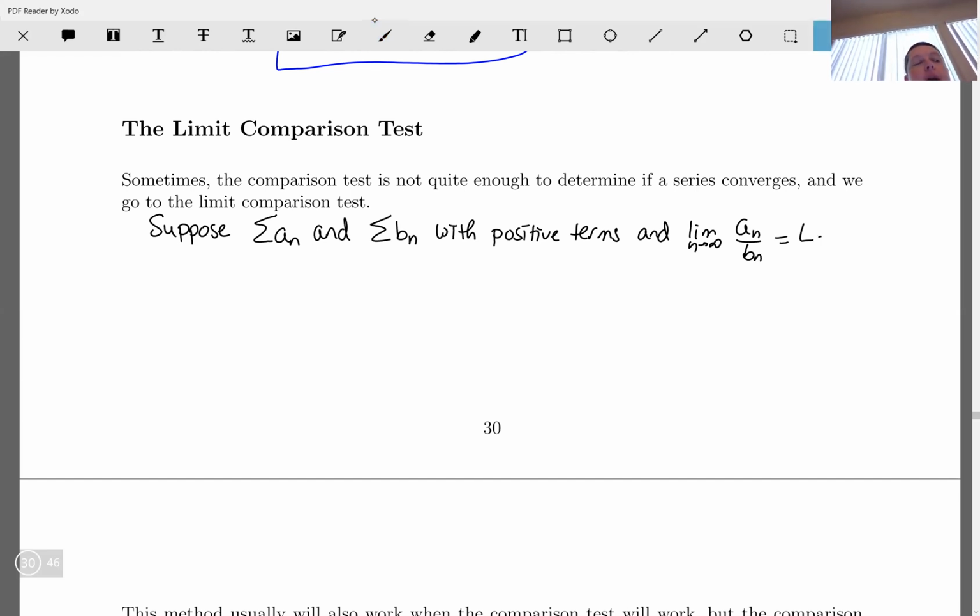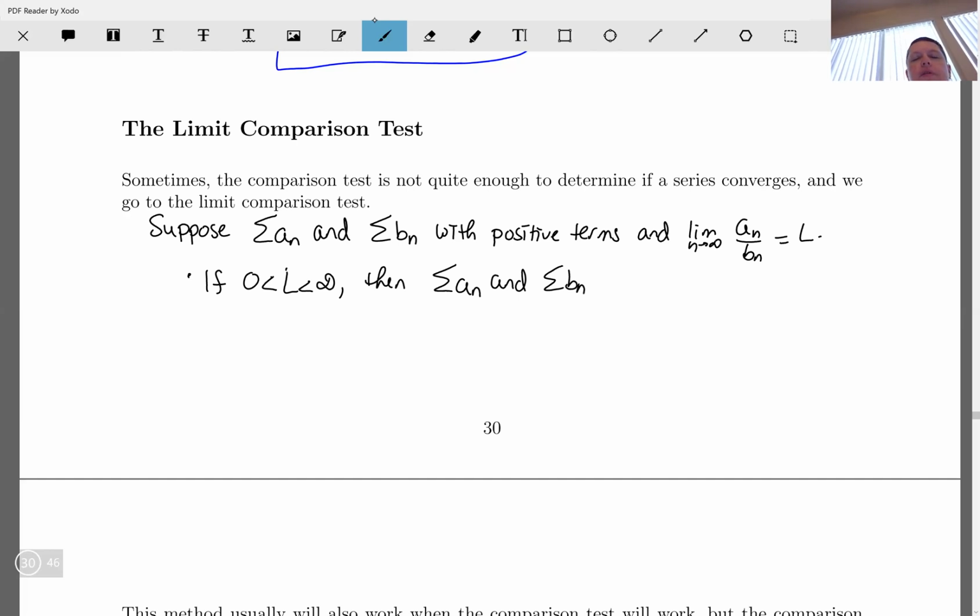Now that limit L may not be finite, I'm just throwing it out there to give us something we can talk about. So if L is finite, then the series either both converge or both diverge. So they behave the exact same way if that limit is finite and positive.